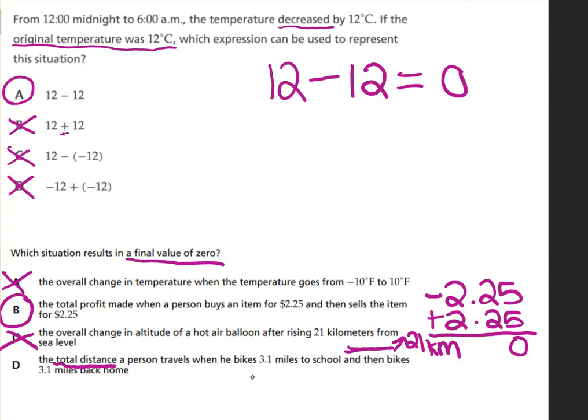So we're traveling 3.1 miles to school, but then we have to come home. So we're adding more distance, and adding another 3.1 miles back. So we're traveling a total of 6.2 miles, which again does not equal 0. So our best answer choice for this is B.